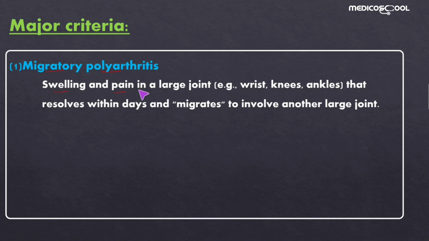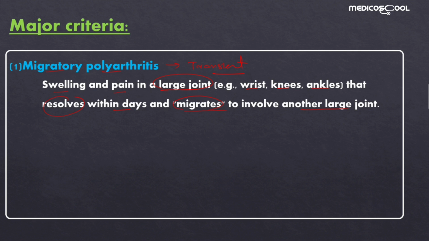It is swelling and pain in the large joints like the wrist, knee, and ankle joints that resolves within days, and may migrate to involve other large joints. That's why it is also called migratory. The important point is that this polyarthritis is transient and migratory.